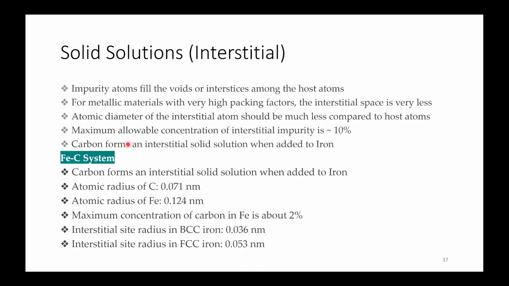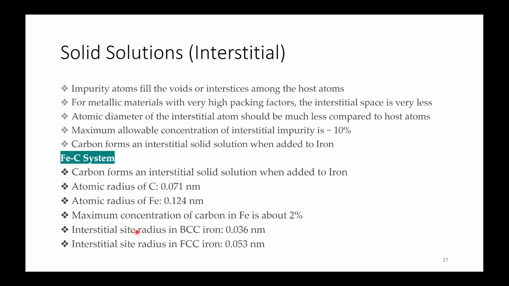Now carbon forms an interstitial solid solution when added to iron, in the iron carbon system. Here the atomic radii are very different. For carbon it is 0.071 nanometer and for iron it is 0.124 nanometer, and the maximum concentration of carbon in iron is about 2%.